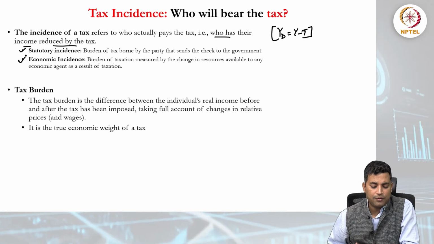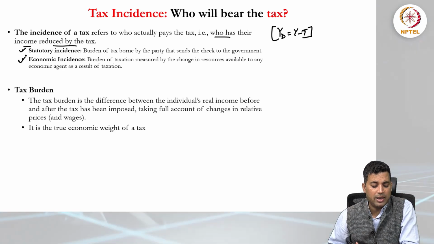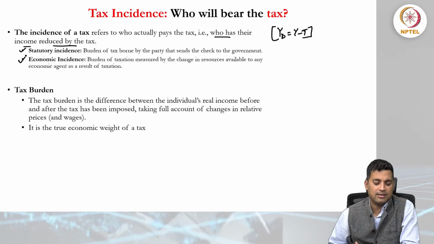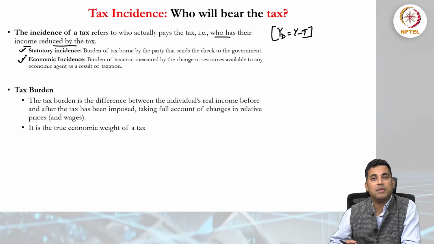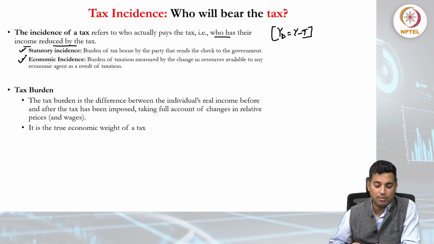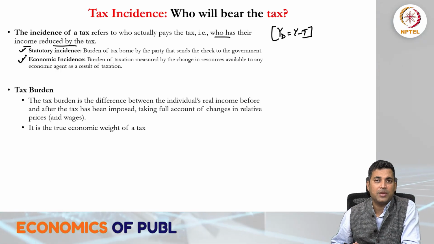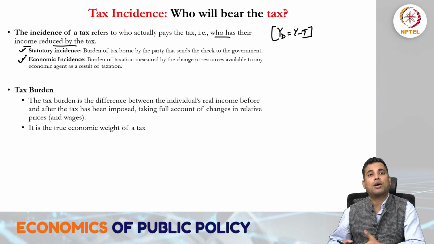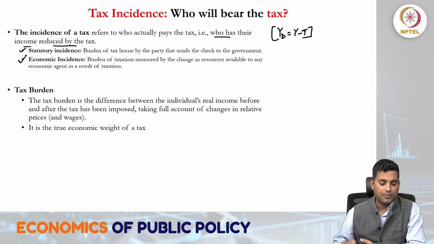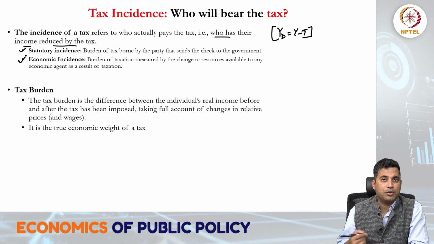So burden of taxation is measured by the change in the resources available to any economic agents as a result of the taxation. So it is basically the marginal tax rate we are talking about, the burden of the taxation. When we talk about tax burden, there are a couple of points to remember.